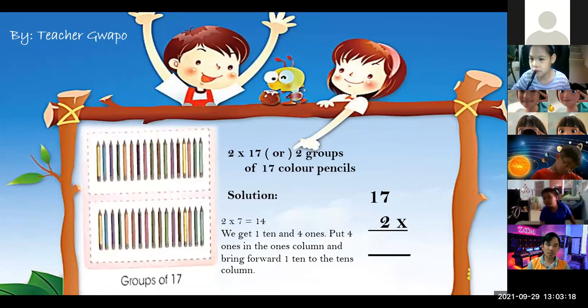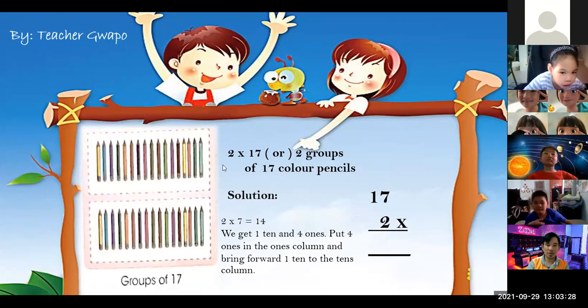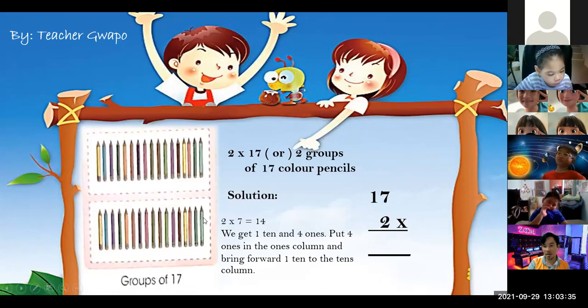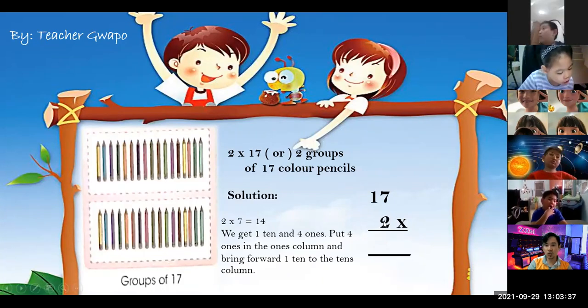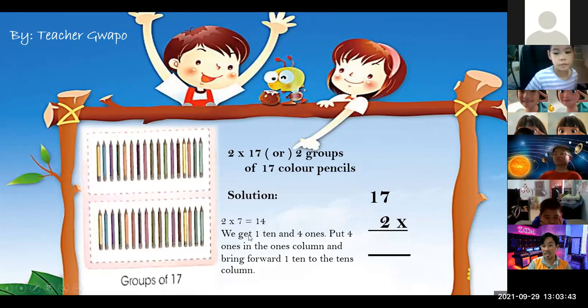Now here, 2 times 17, or 2 groups of 17 color pencils. Here there are 17 pencils, and in here there are 17 pencils. So we will multiply 2 times 7. 2 times 7 is equal to 14, right?